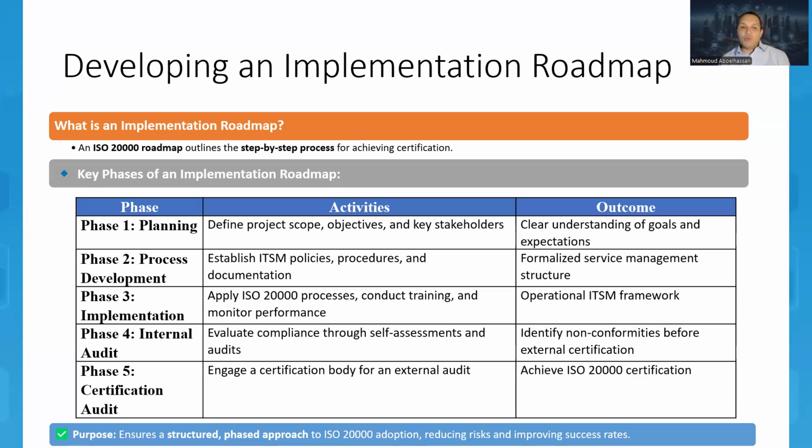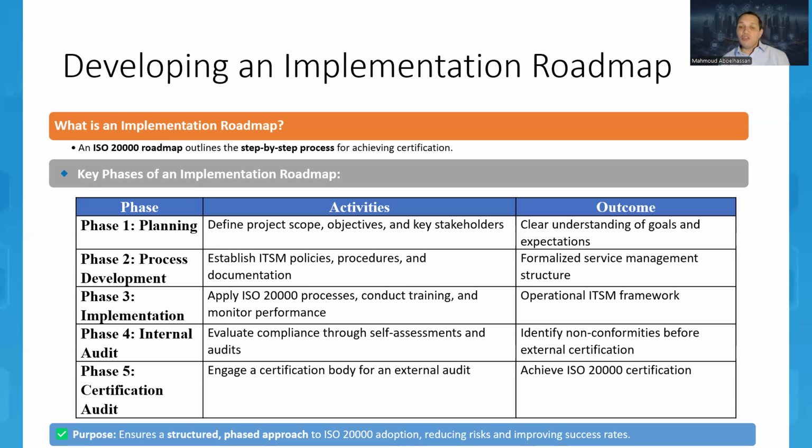Then we move to phase 4, which is the internal audit. In this phase, we will evaluate compliance through self-assessment and audits, and the output will be the non-conformities identified before the external certification. Phase 5 is the certification audit, and in this phase we will engage a certification body for an external audit.